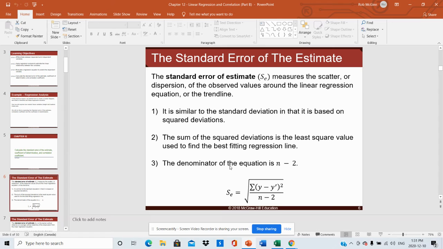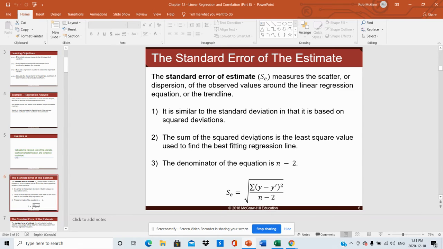It's similar to the standard deviation in that it's based on squared deviations. The sum of the squared deviations is the least square value used to find the best fitting regression line. So Excel's already done this for us when we created our scatter diagram and inserted the trend line.